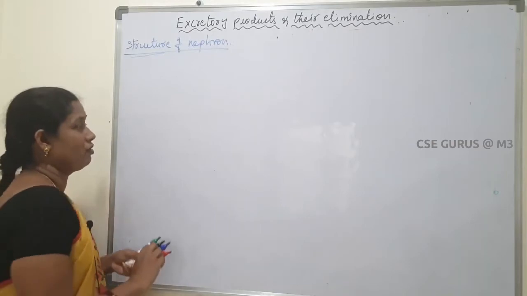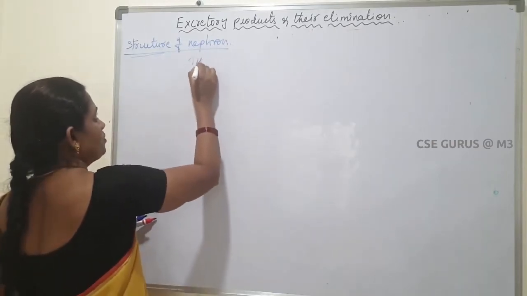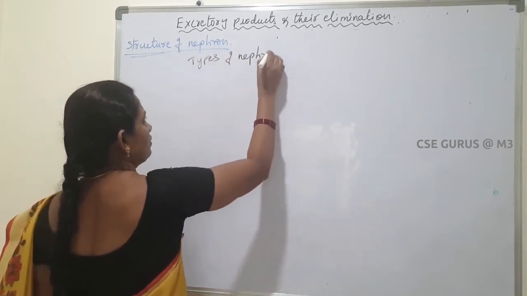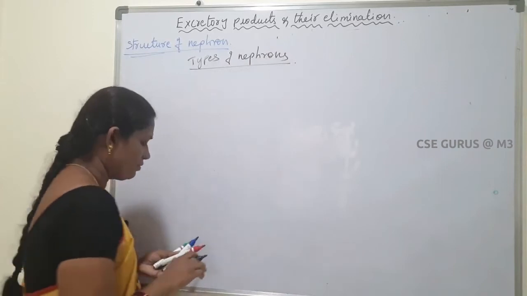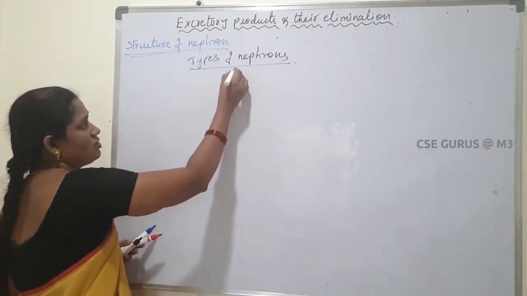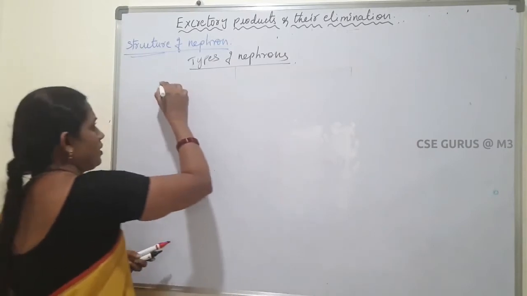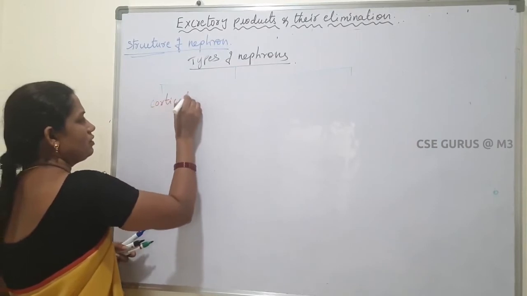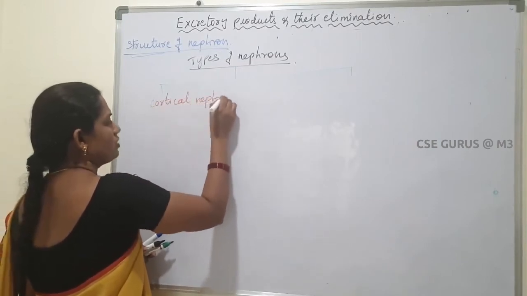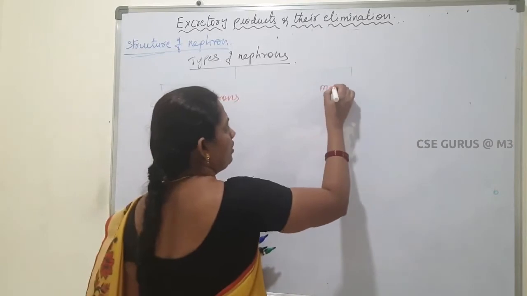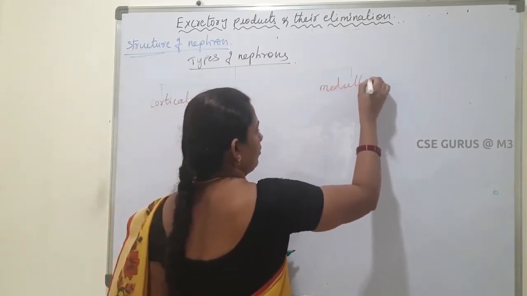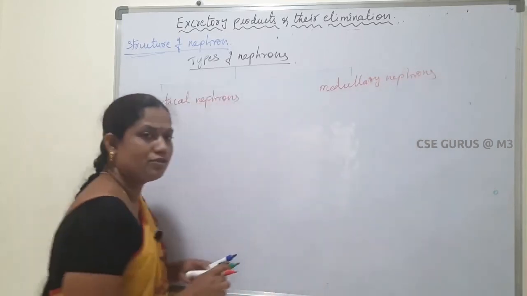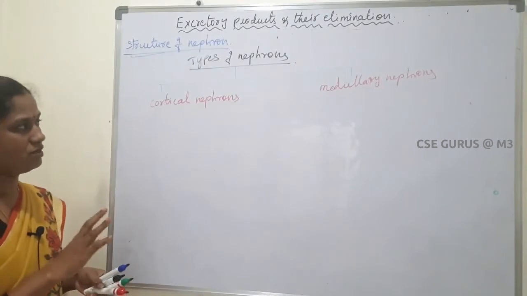Next, types of nephrons. Nephrons are generally divided into two types: cortical nephrons and medullary nephrons, that is, juxtamedullary nephrons.